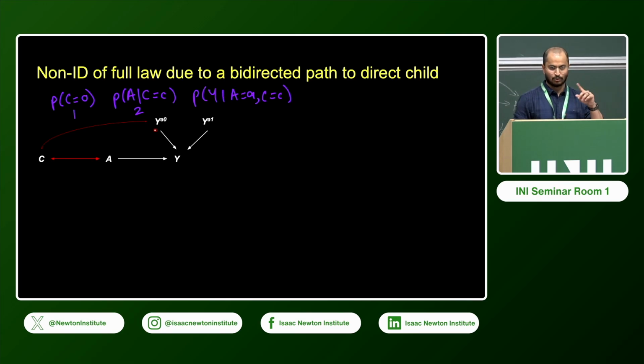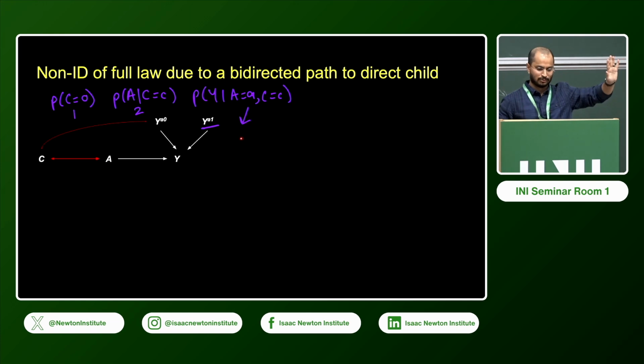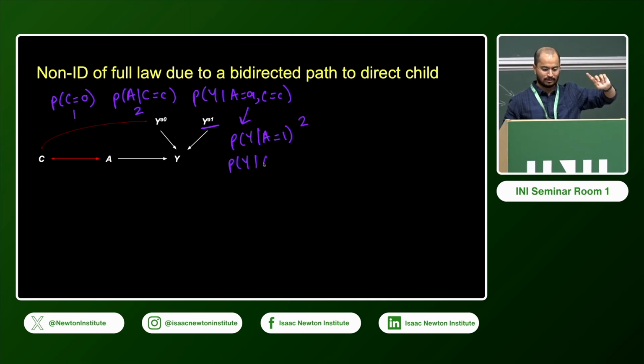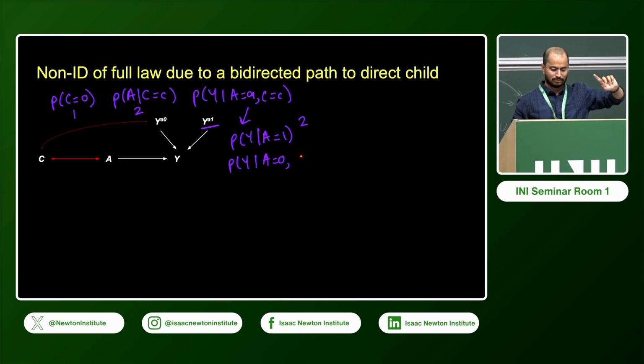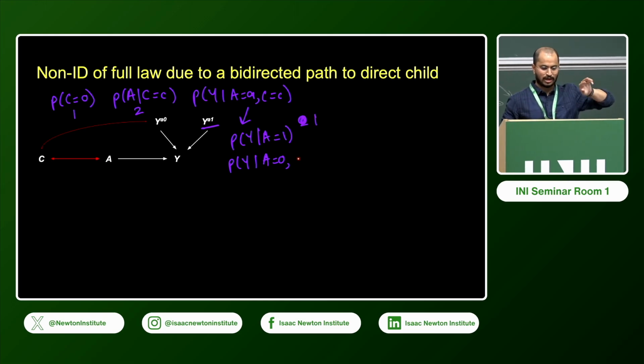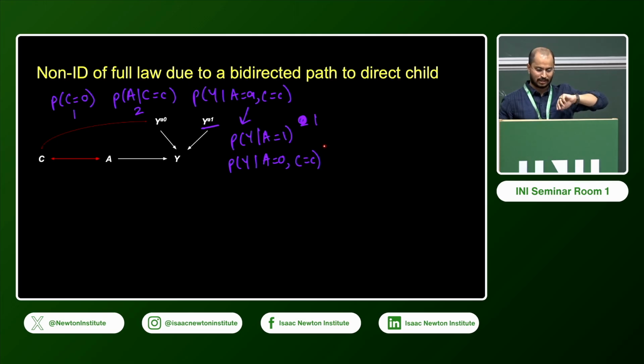When A is equal to 1, that means Y is deterministically equal to YA1, and so it's not a function of C. So you can see that YA1 is completely independent from C. This actually decomposes into two pieces: Y given A equal to 1, which is 2 parameters, and Y given A equal to 0, which is 1 parameter, and Y given A equal to 0 and C equal to C, that's 2 parameters.